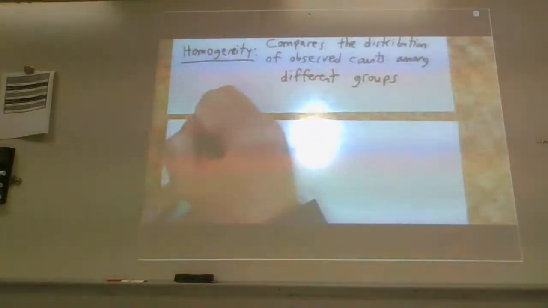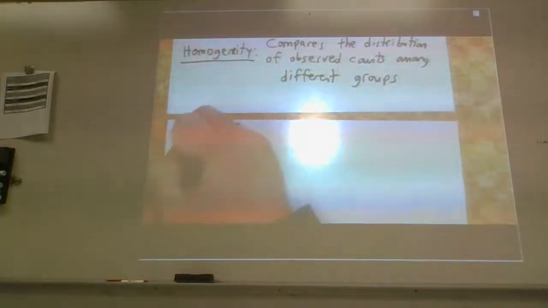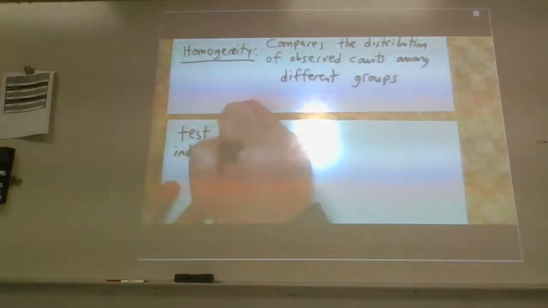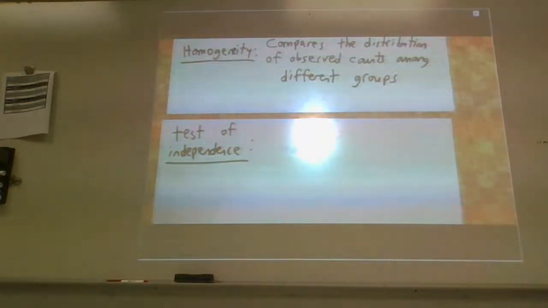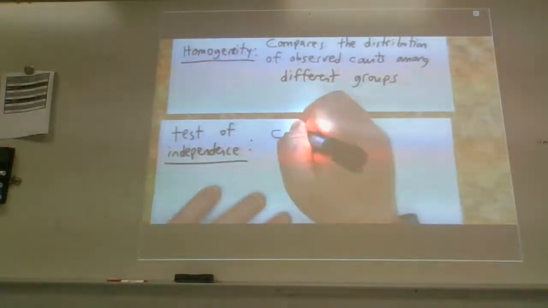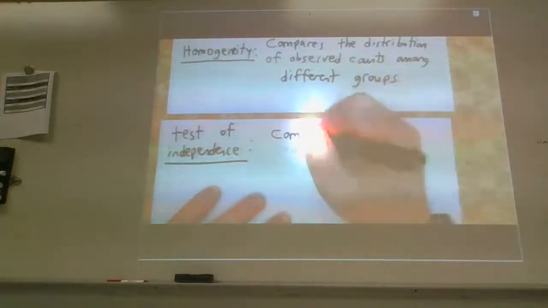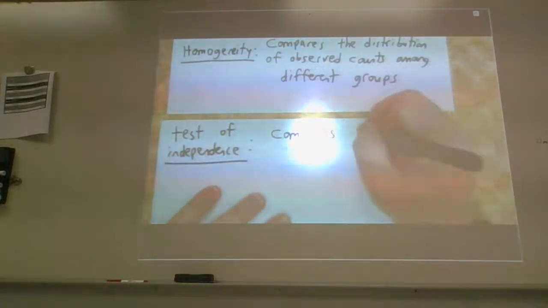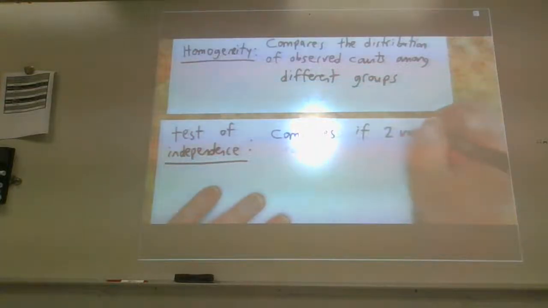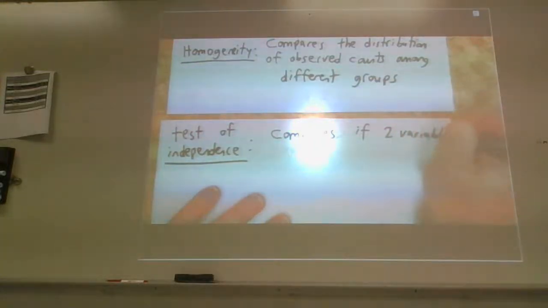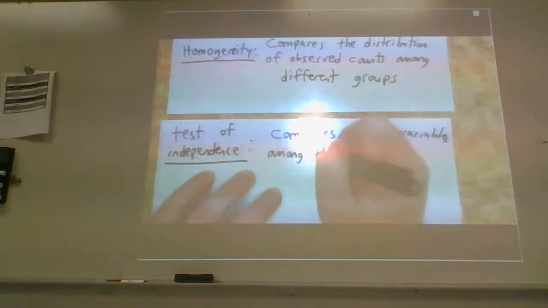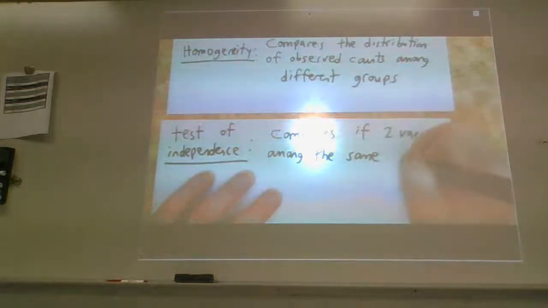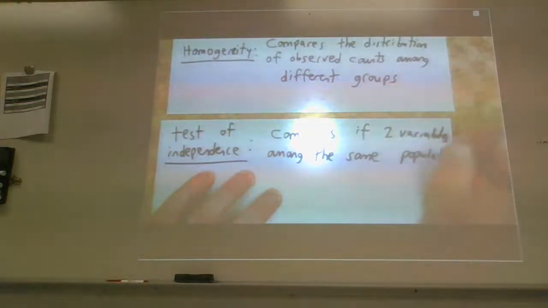There is also the chi-squared test of independence. It's similar to homogeneity. It compares if 2 variables among the same population are independent.